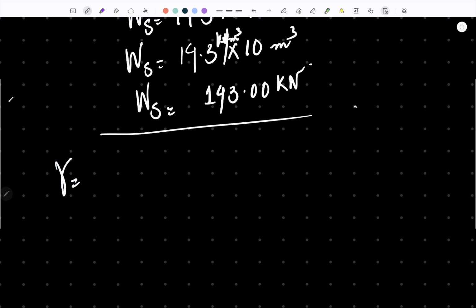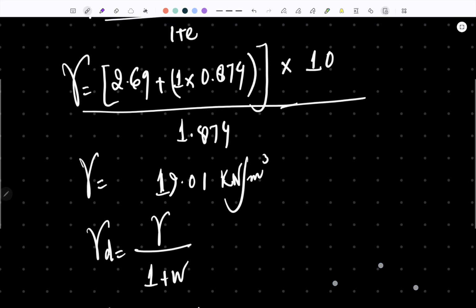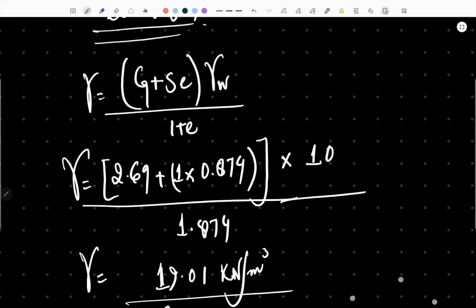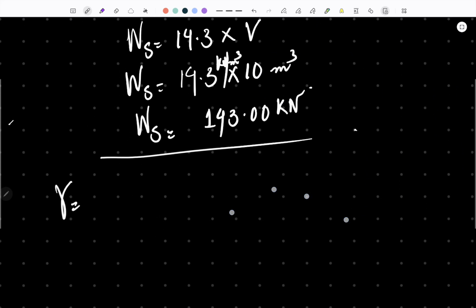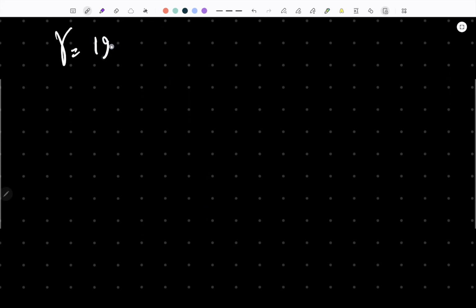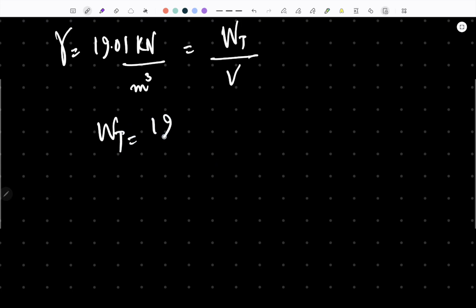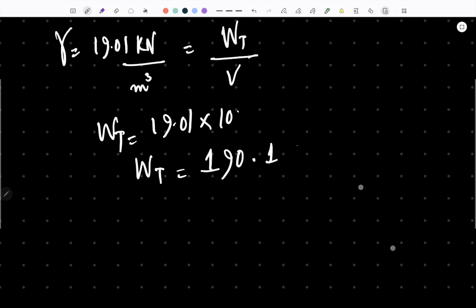Bulk unit weight was equal to 19.01 kilonewton per cubic meter. Can't I write it like this? It is total weight divided by volume. That means total weight is equal to 19.01 times volume, which is 10. So total weight is equal to 190.1 kilonewton.